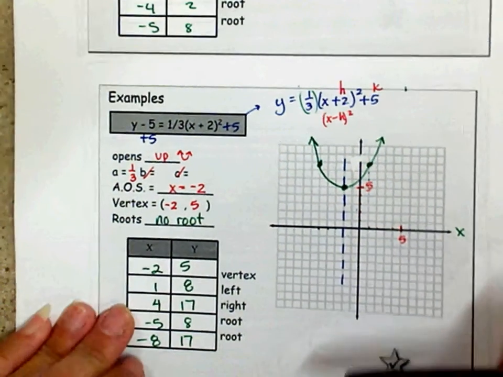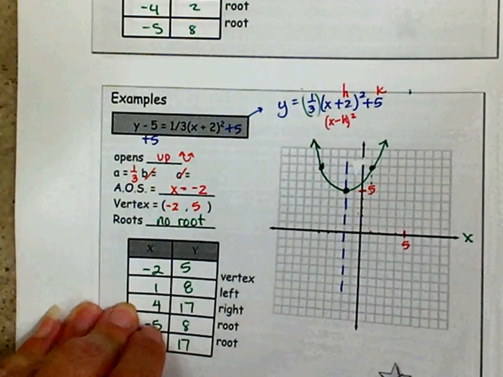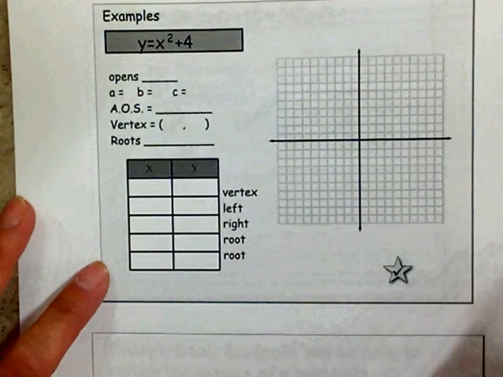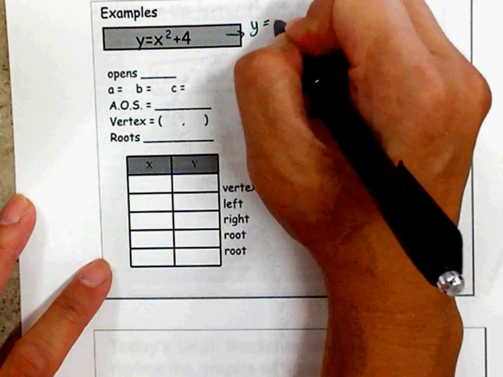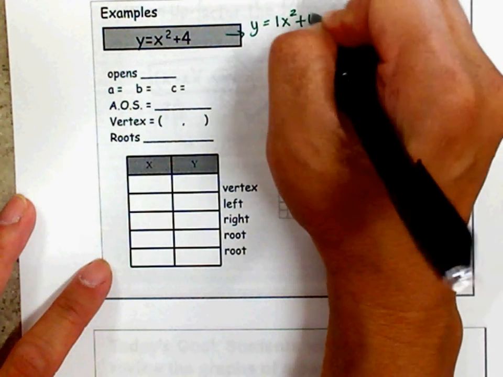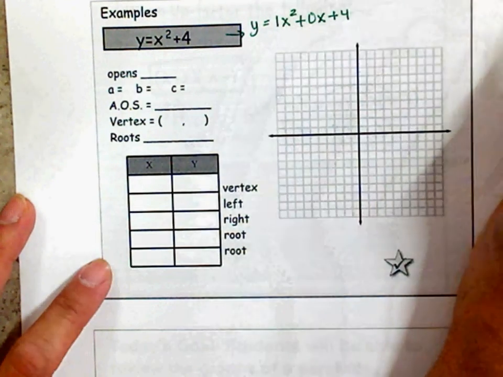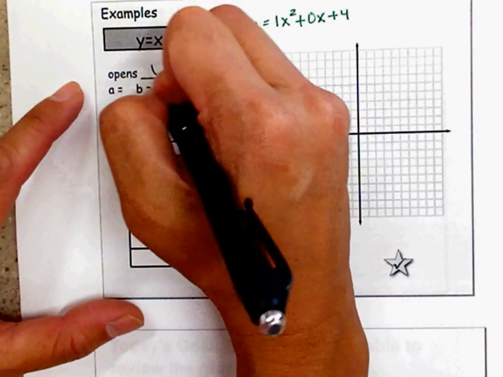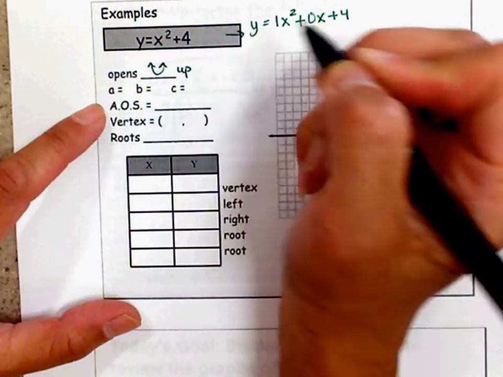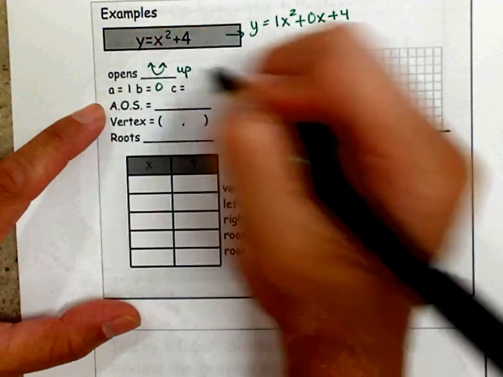Alrighty. Here's another one. Let's take a look. This is the same as y equals 1x squared plus 0x plus 4. No parentheses. Notice that? So 1 is positive, so it's going to open up. Your A is 1, B is 0, C is 4. Let's go find our axis of symmetry.